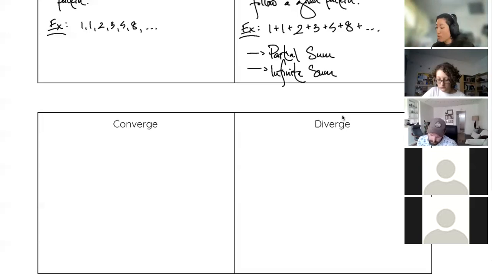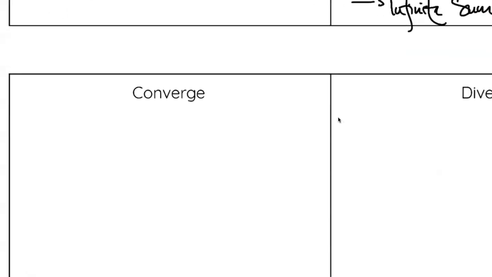But I think as we move forward, it's going to be really important that we know how to determine whether something converges or not. And so let's get a little bit more of a definition about what converging and diverging means, right?